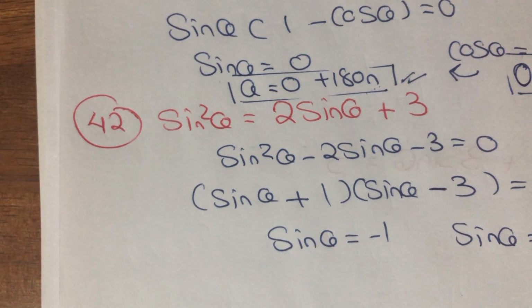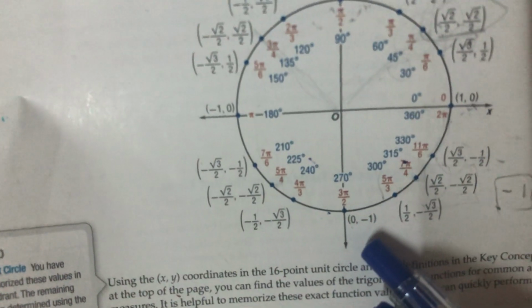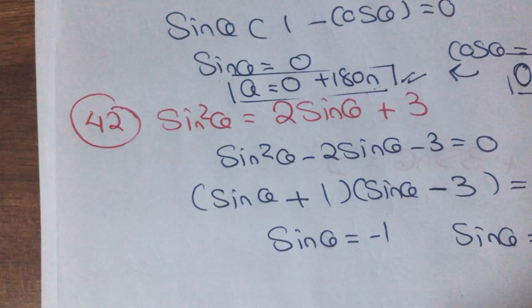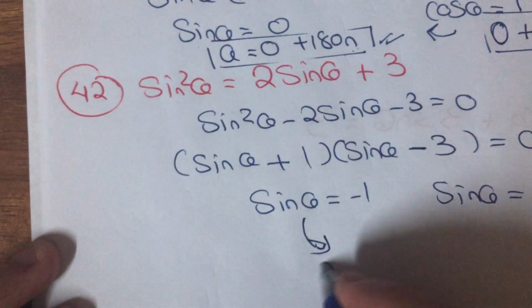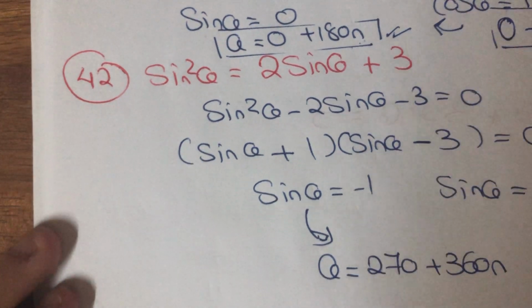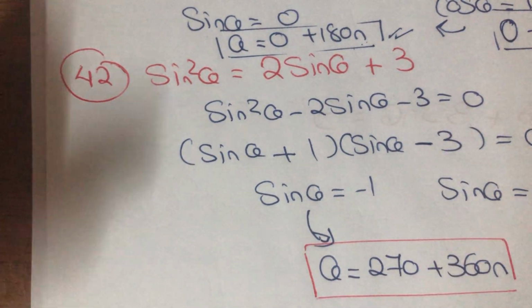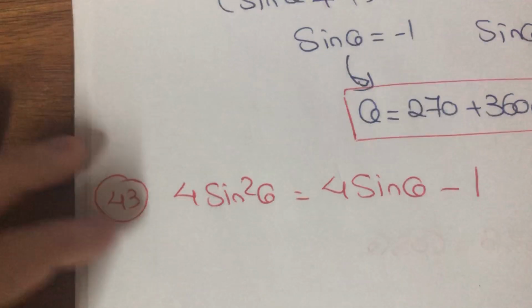Sine is negative 1 only here, only at 270. So 270 plus 360n. Theta is equal to 270 plus 360n. One answer. And here, this one is also factoring.